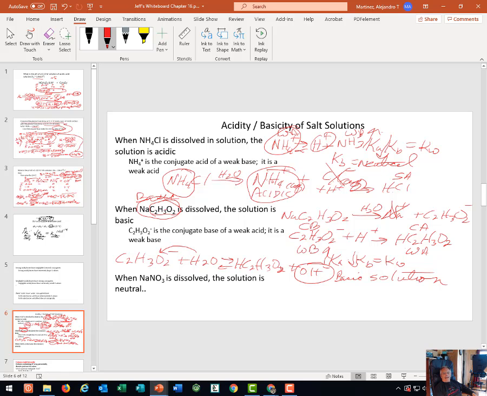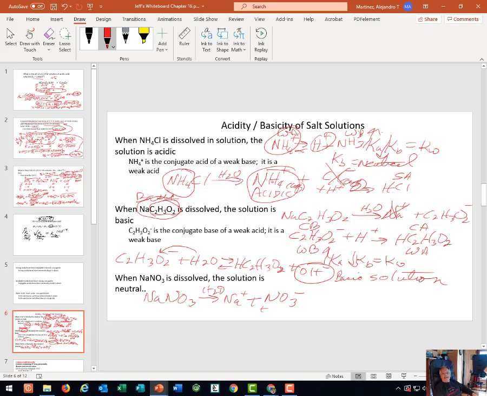Let's take a look real quick at sodium nitrate. The first thing you do when you're trying to sort this out is dissociate it. Put it in water, because that's how it's going to be, either acidic, basic, or neutral. Now, let's do the anion first.